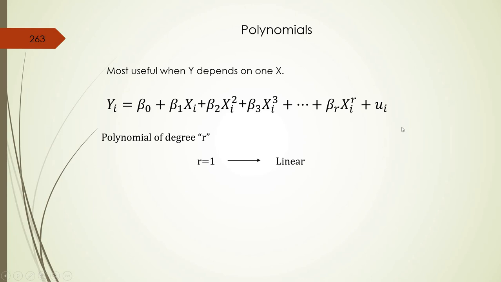If you have maybe only this part, if r is only 1, then you have a linear model. If r is 2, now you have a quadratic model. If you have x power 3, then it is a cubic model. In practice, usually you don't have to go over the power of 3.